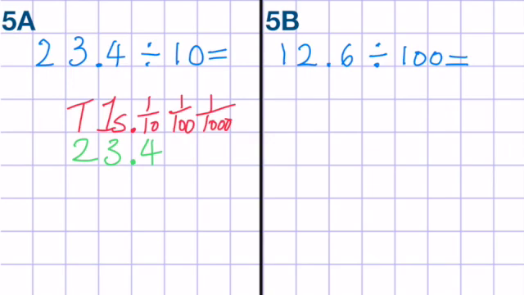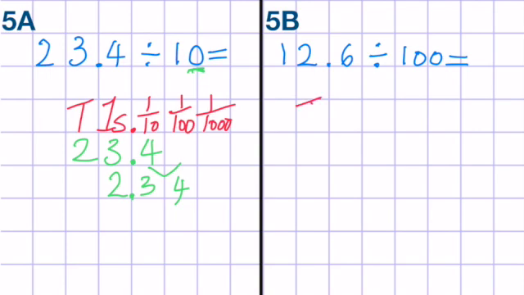We're going to divide by 10. So the digits are all going to move one place to the right, because 10 has 1 zero, so it moves one place. The 4 is going to go here. The 3 is going to go here. We need a decimal place, and a 2 is going to go here. So it's 2.34.